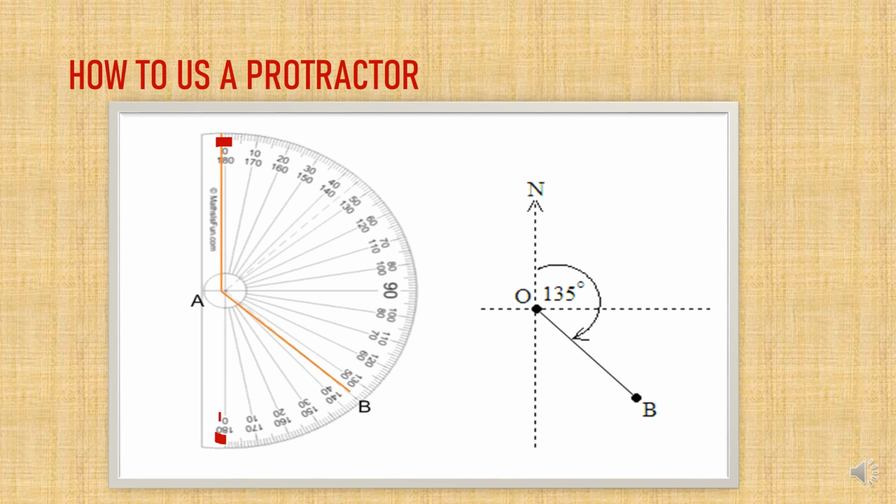This is 0, 10, 20, 30, 40 up to 180. So it has this line which is pointing at 0 and 180, this one. So this line, when you are measuring an angle, should align with the angle which is measured, any one side which can be used. And there is a center which is here also. The center should be on the position where the angle is being subtended, or where the angle is being formed. That's how it is used.